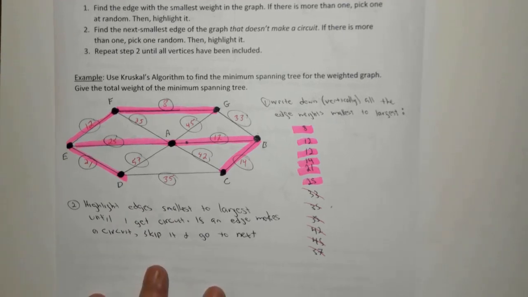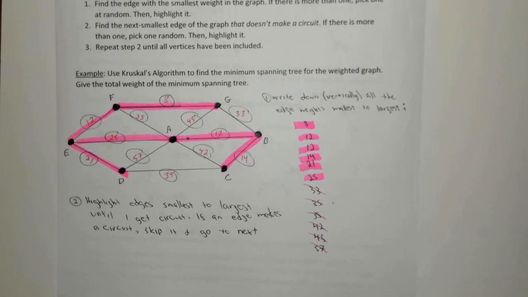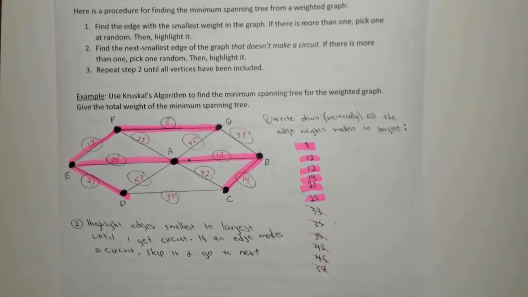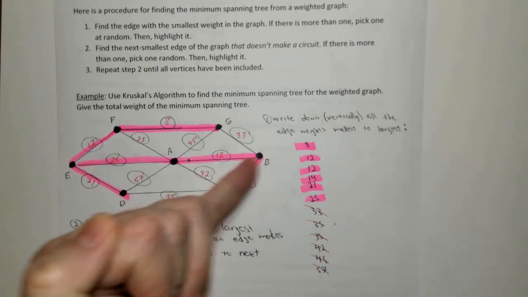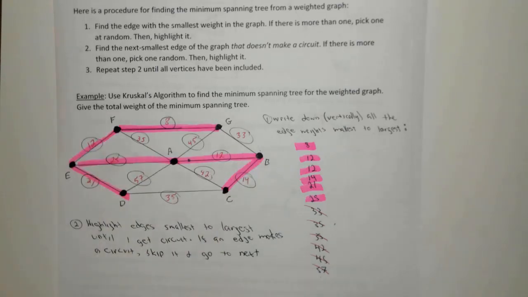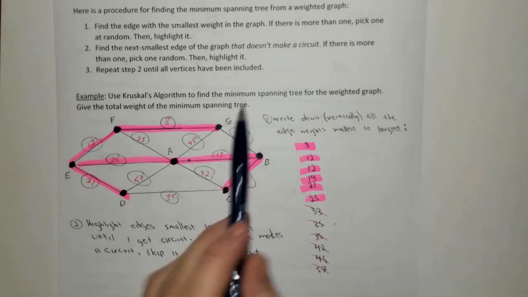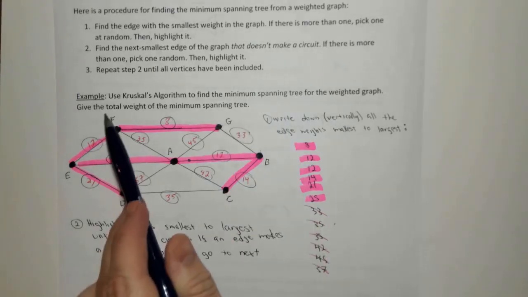So I think many of the homework questions, these are multiple choice, and you kind of pick out the shape that looks like this. Now, they want the minimum spanning tree done and give the total weight.